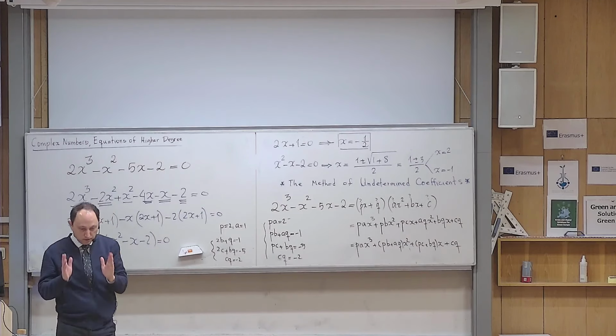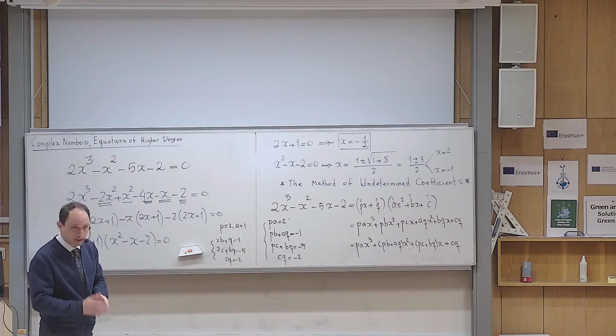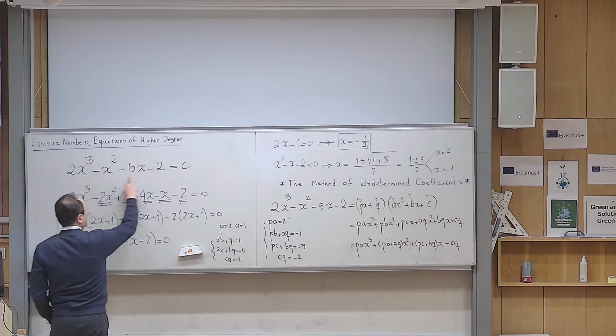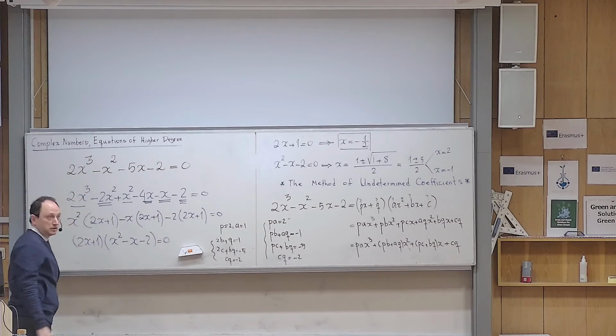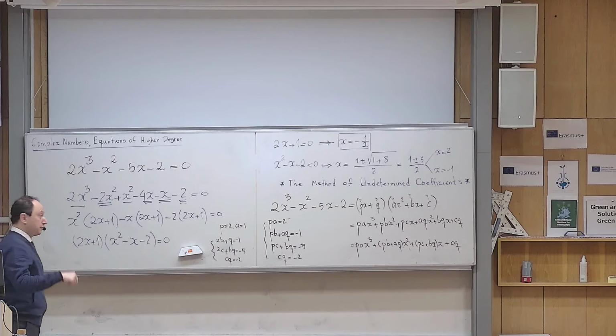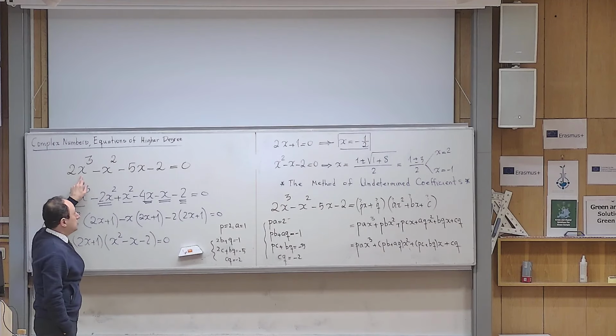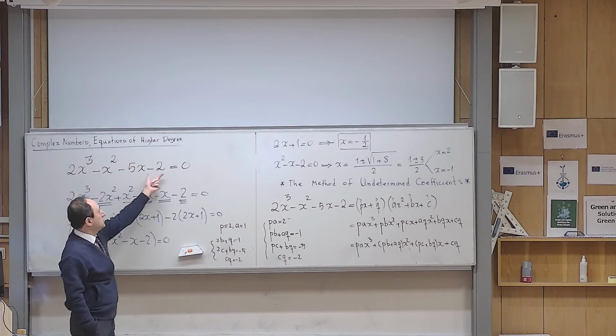So let me make the claim clear again. If I have a polynomial with integer coefficients, and if this polynomial is supposed to have an integer root, that integer root is among the factors of the constant term.